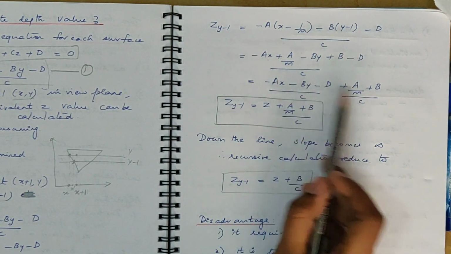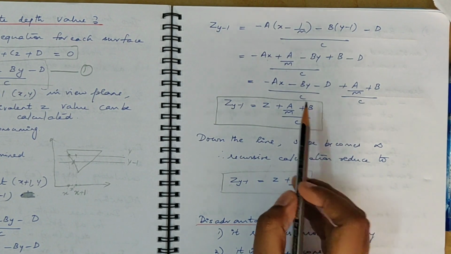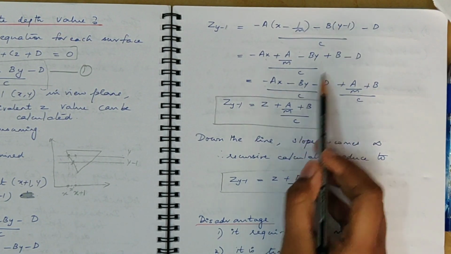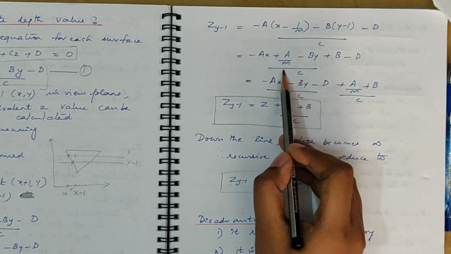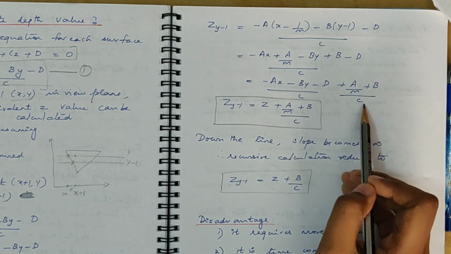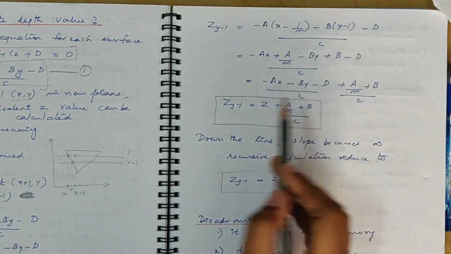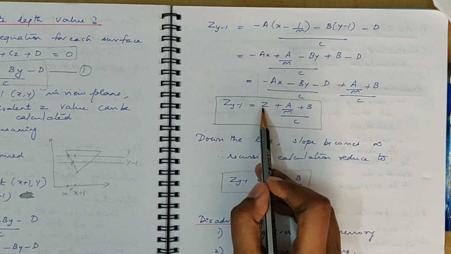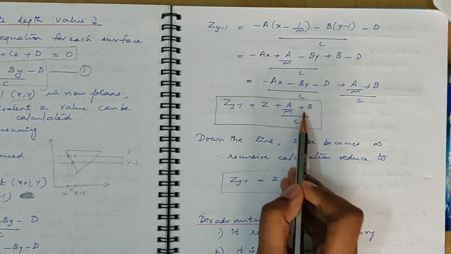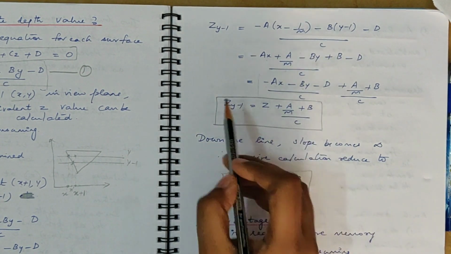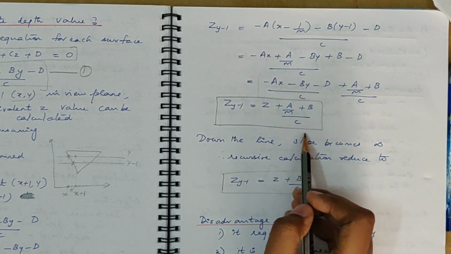Just interchanging the values, you will get minus ax minus by minus d by c plus a by m plus b by c. This is nothing but your z. So z at y minus 1 becomes z plus a by m plus b by c. This is the value for z at y minus 1.